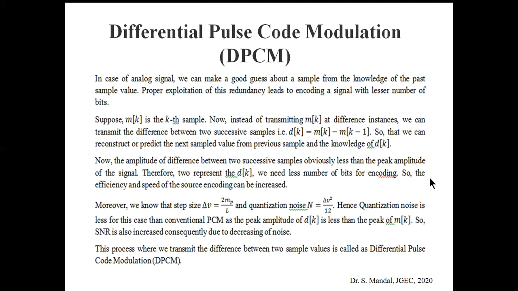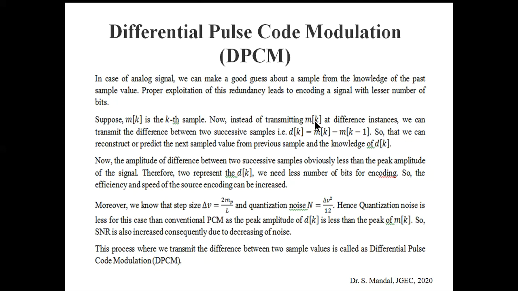Okay, but in case of differential pulse code modulation, instead of sending the digitized value of the original quantized value of the signal, if we send the difference between two successive instants, then obviously we can reconstruct or predict at the receiver section from the previous sample value. So consider mk is the kth sample.